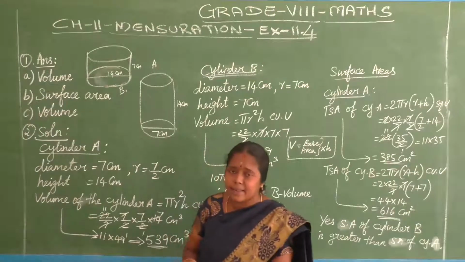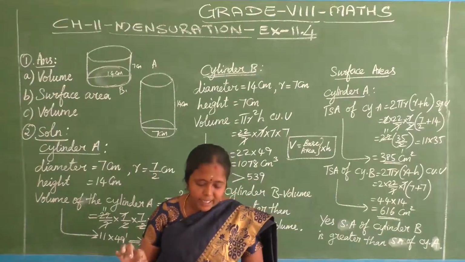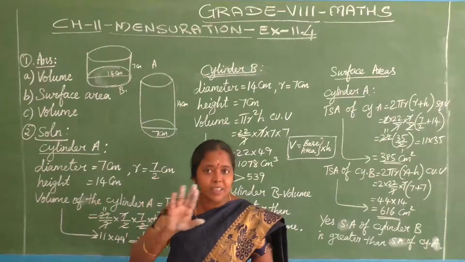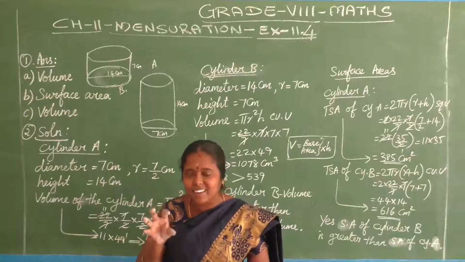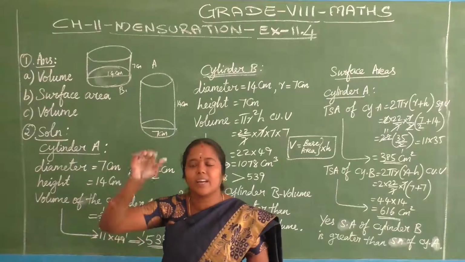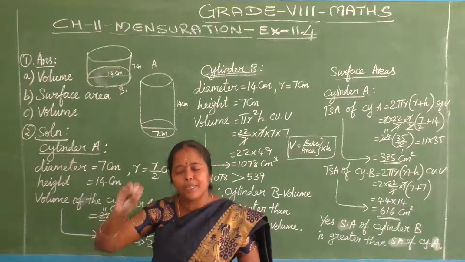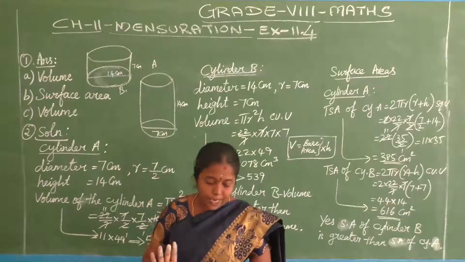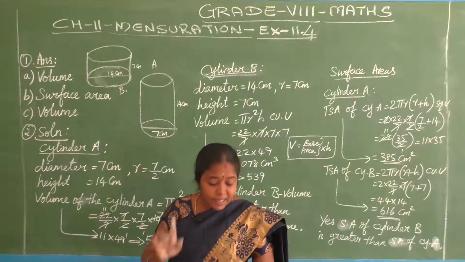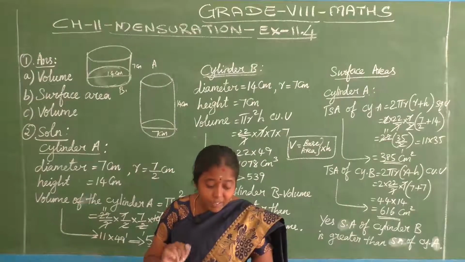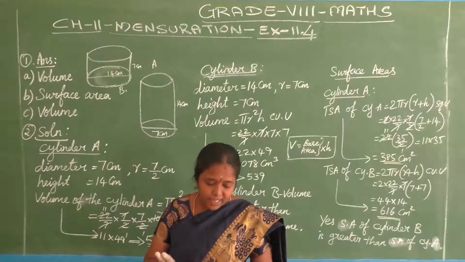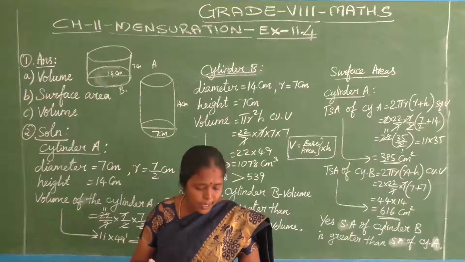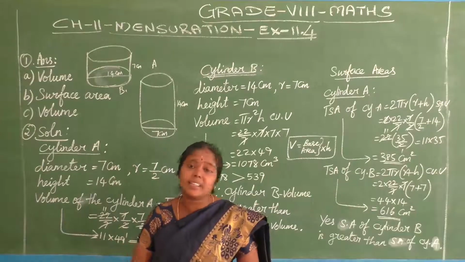What is the meaning of this line? Check whether the cylinder with greater volume, which we guess here, has greater volume than the other cylinder. We are identifying it, understanding. Clear? They are asking us to check whether the cylinder with greater volume also has greater surface area.